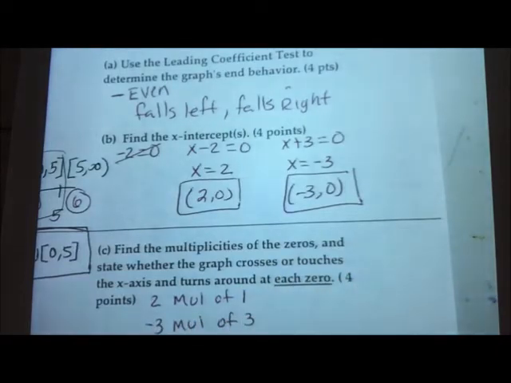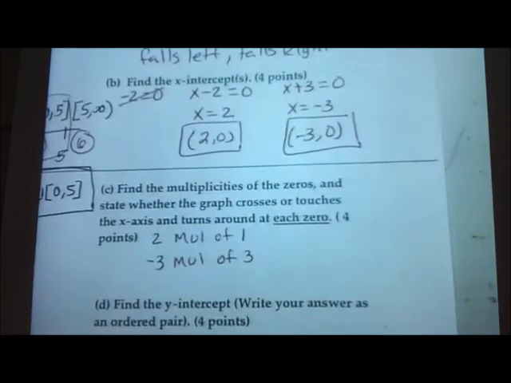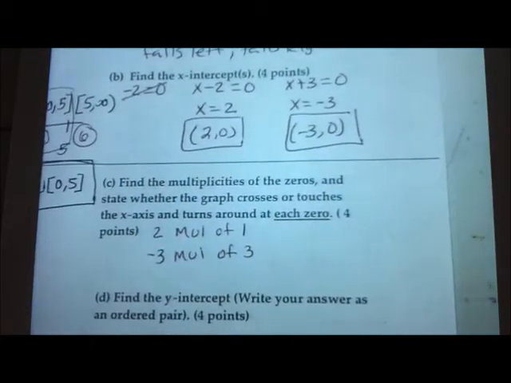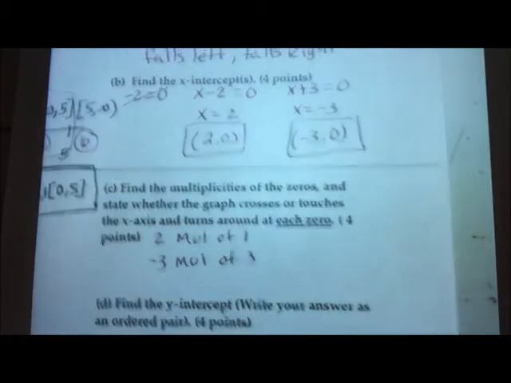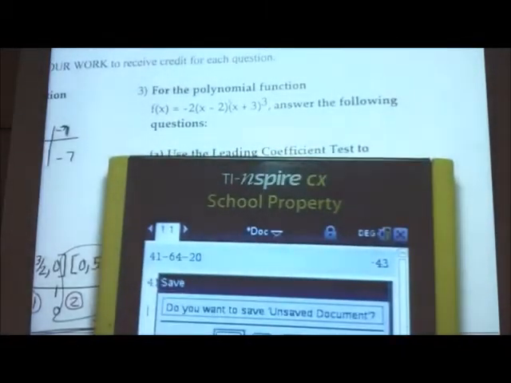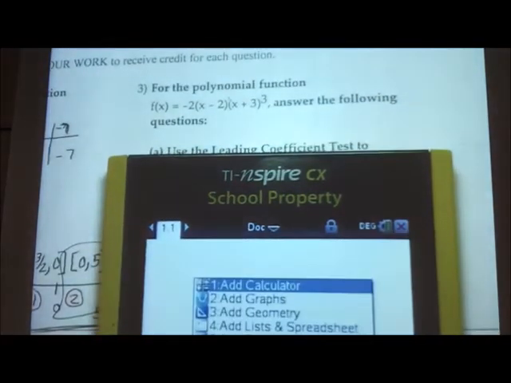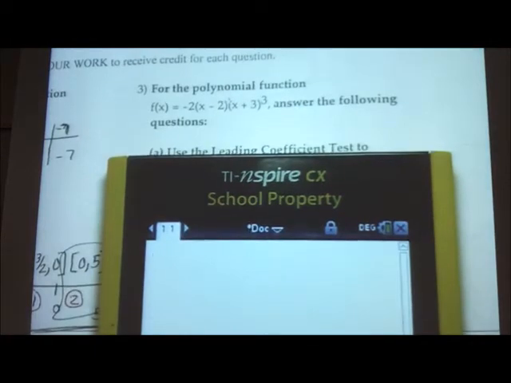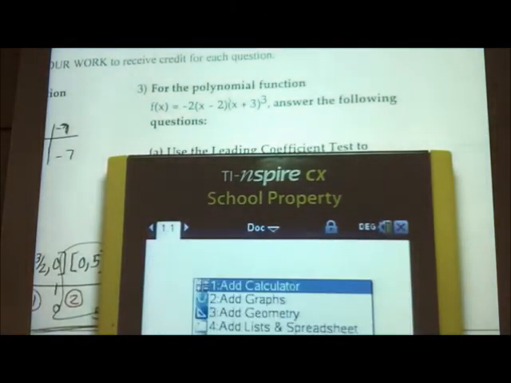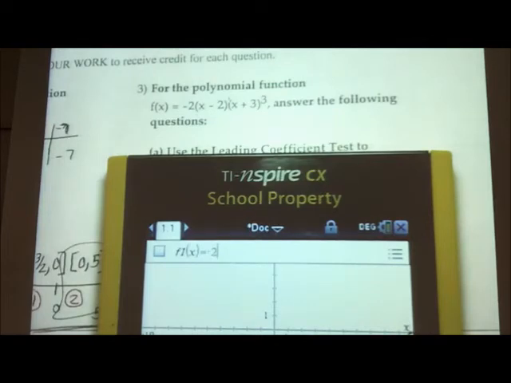Now the question is, does it cross or does it touch and turn around? And for that part, you do have to graph it. So let's go ahead and get our graphing calculator, and you input the top equation, which I'm going to do right now: -2 times (x minus 2) times (x plus 3) raised to the power of 3.